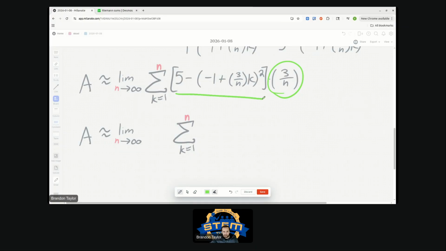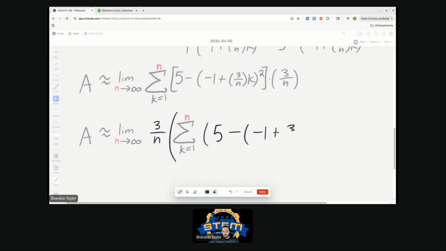Each term changes because it has a k in it, but the 3 over n part does not have a k in it, so it's a constant with respect to the terms. You can factor it out of the summation, though not outside of the limit, to be clear, and that will make things a lot easier to understand. They're already complicated enough, as I'm sure you noticed.